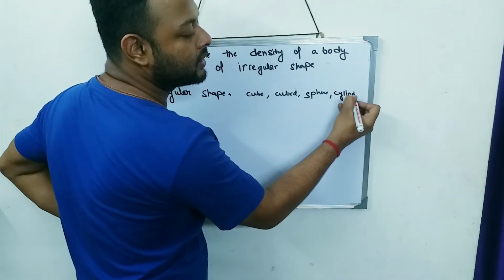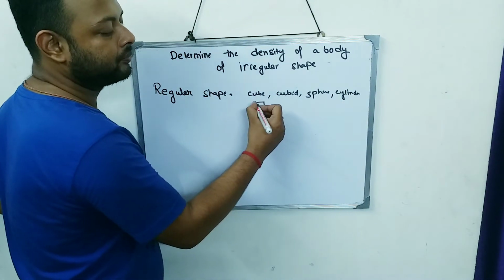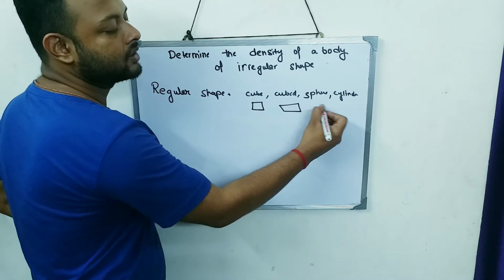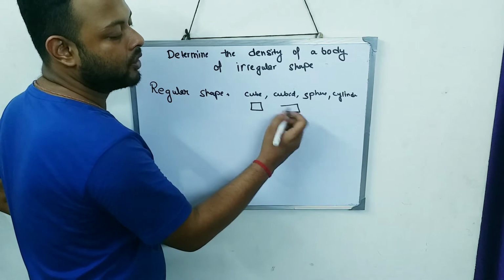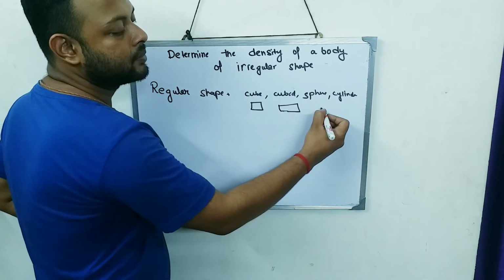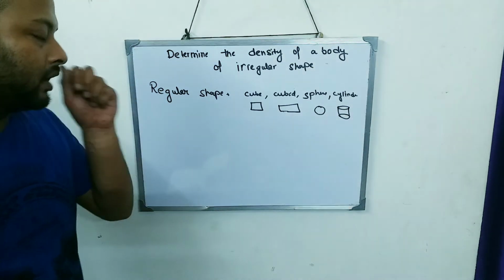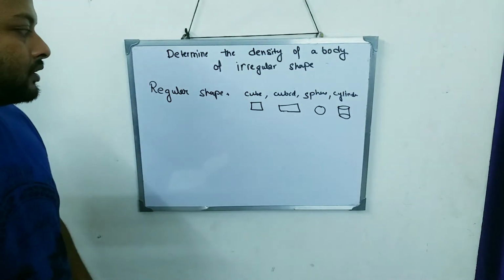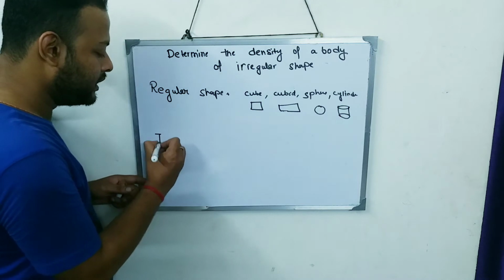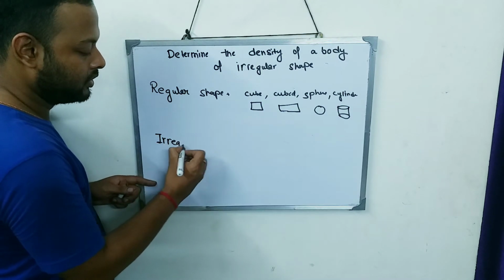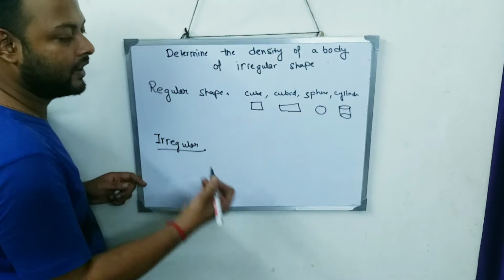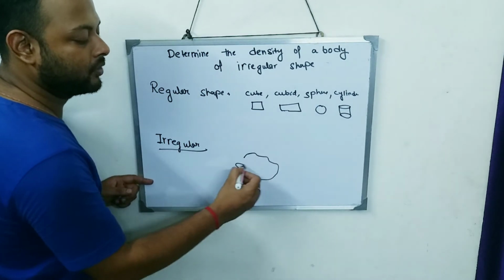We have learned about these things. Cuboid is something like this. Sphere, cylinder. These are called the regular shapes. And what is an irregular shape? An irregular shape is of any shape, like this shape.